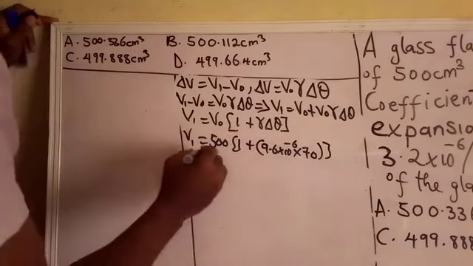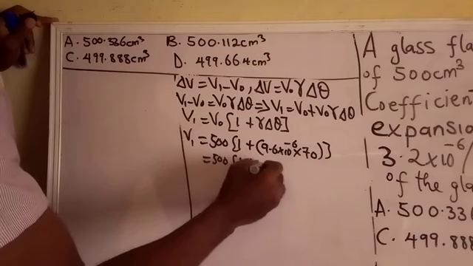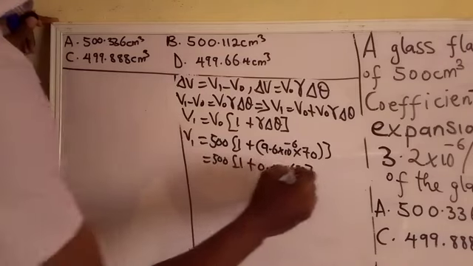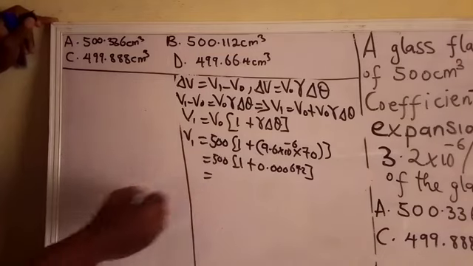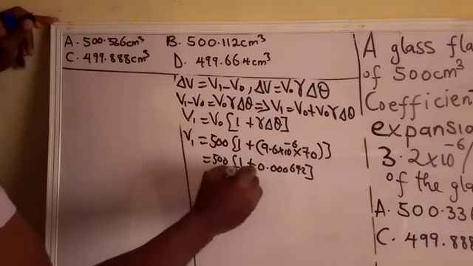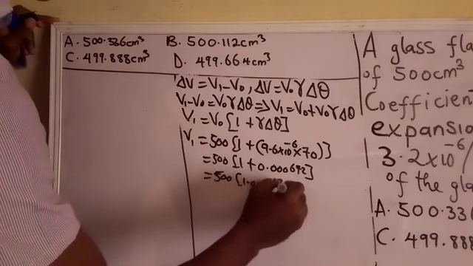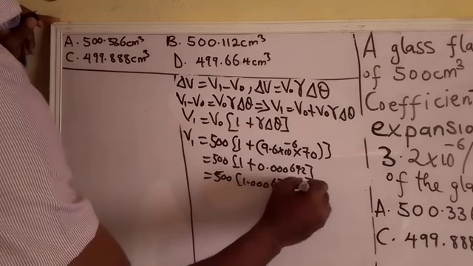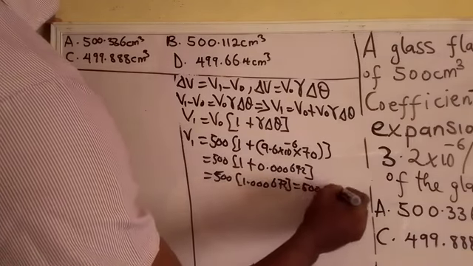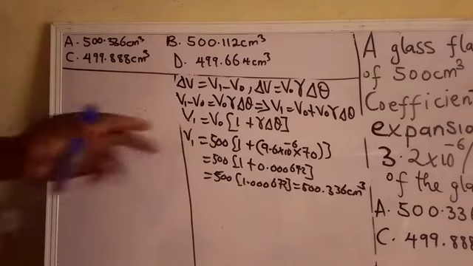So you're going to have 500 into 1 plus 0.000672. And when you do that, you have 500 into 1.000672. And this answer will be 500 plus 0.336, that is 500.336 cm³.